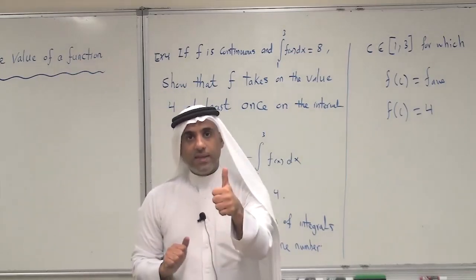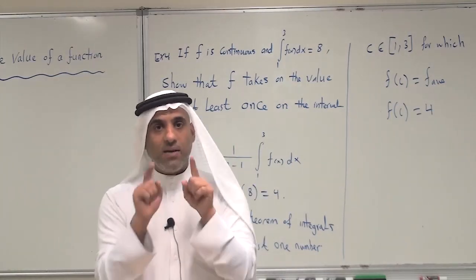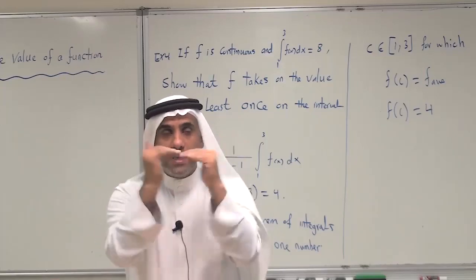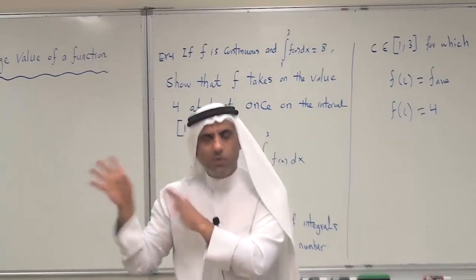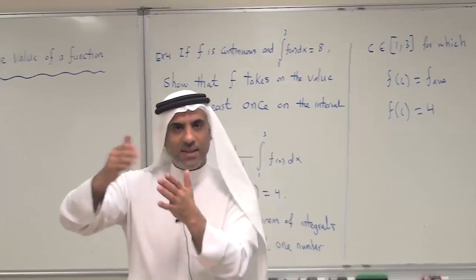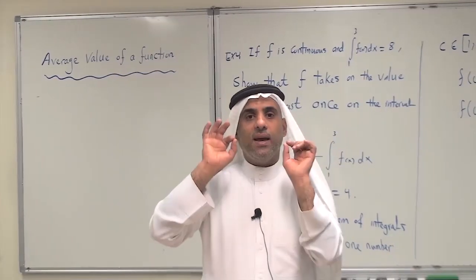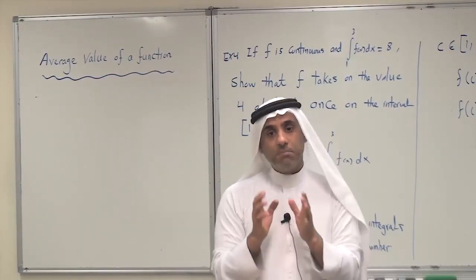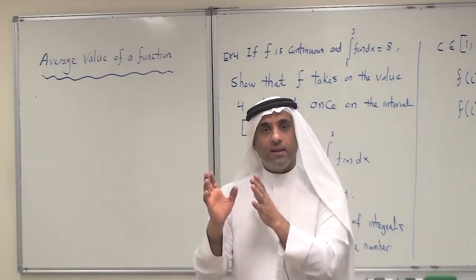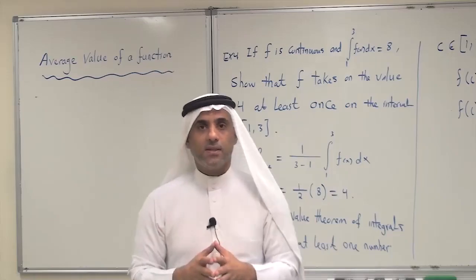And then we observe that if you have a continuous function, then we have one point whose value is exactly equal to the average, which is not happening all the time when we have discrete data, a finite number of data. If you have continuous data, then you always have a representative for the average of that function. This is the mean value theorem and average value of a function, and that's it for this material.